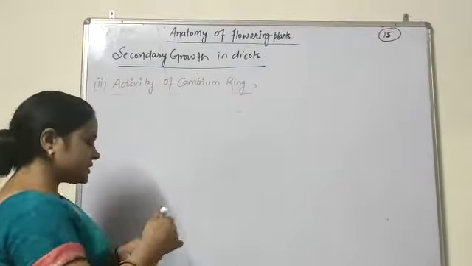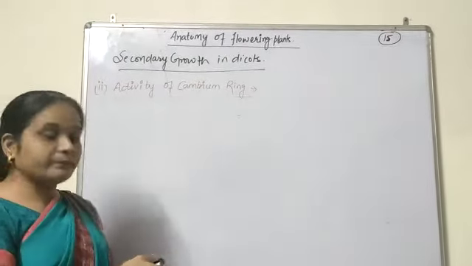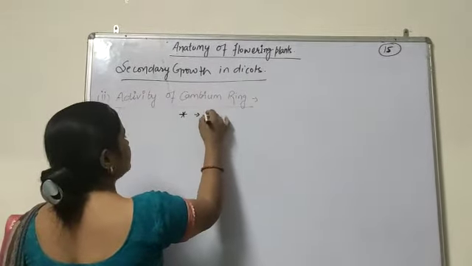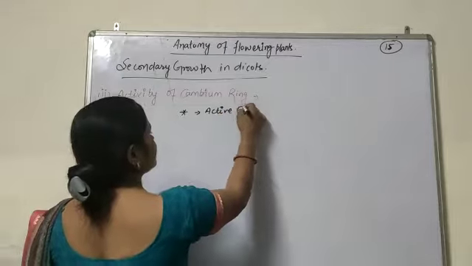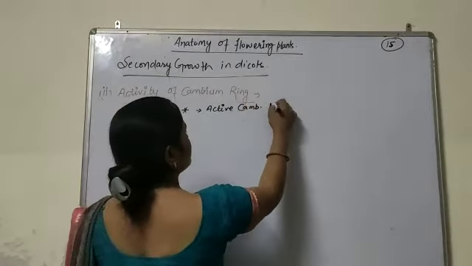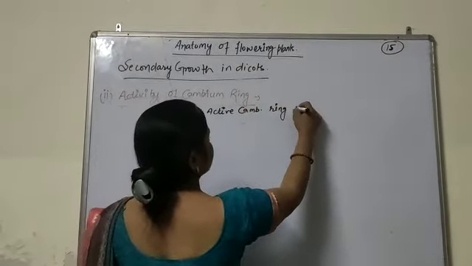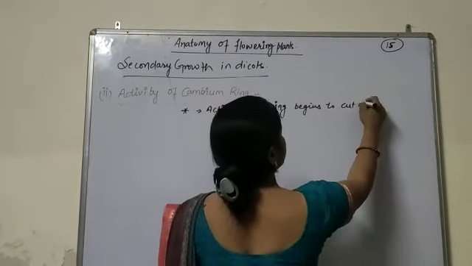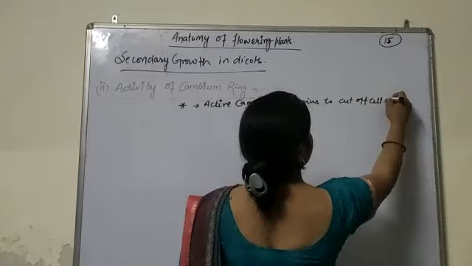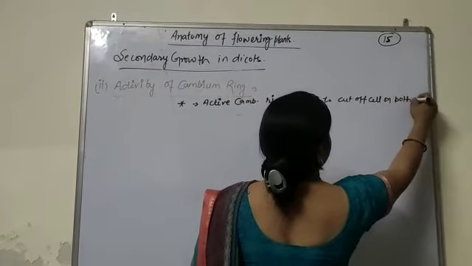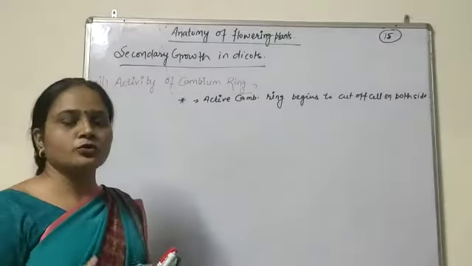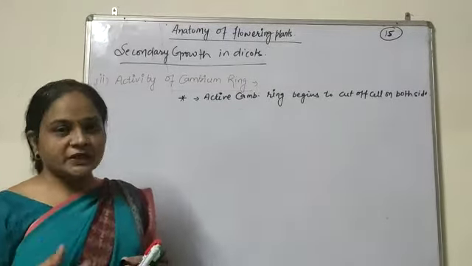First of all, when the cambium ring becomes active, the cambium ring begins to cut off cells on both sides. Both sides means towards the peripheral part, or towards the pith region.